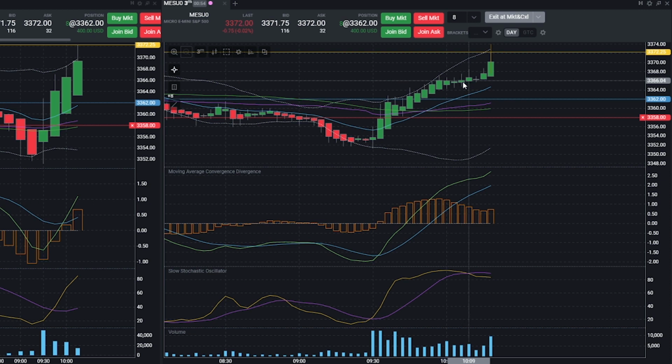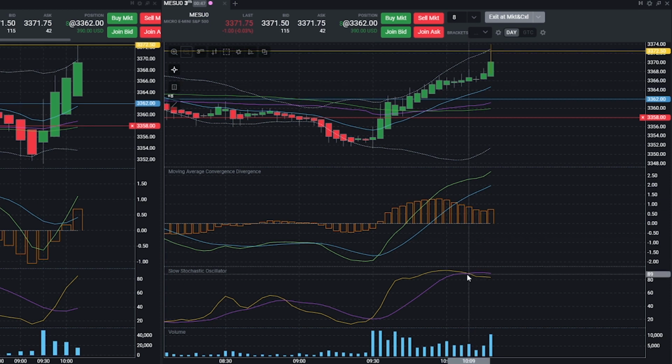So realistically, I might have gotten out when this stochastic cross occurred, but because the signal over here on the 15 we have this nice cross explosion, I like to call this. I like to give it another push up.